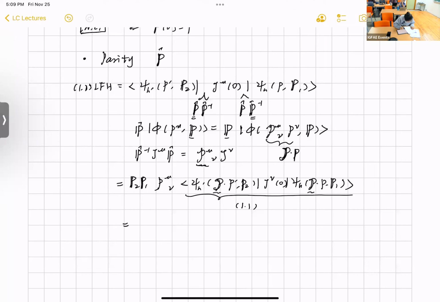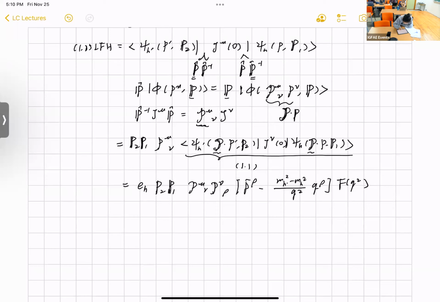So if I write it all together, I have P mu P nu rho Q square.